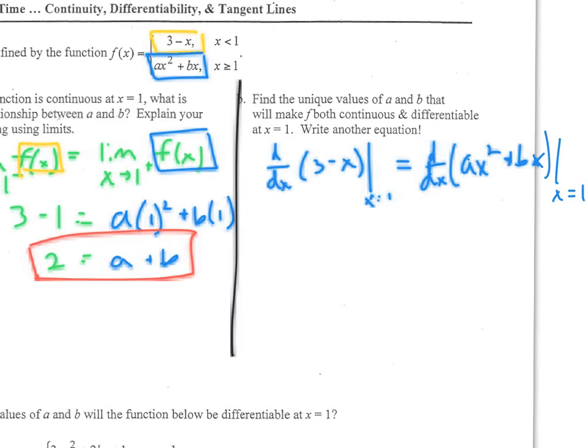And again, we only care if the derivatives are equal at x equals 1.